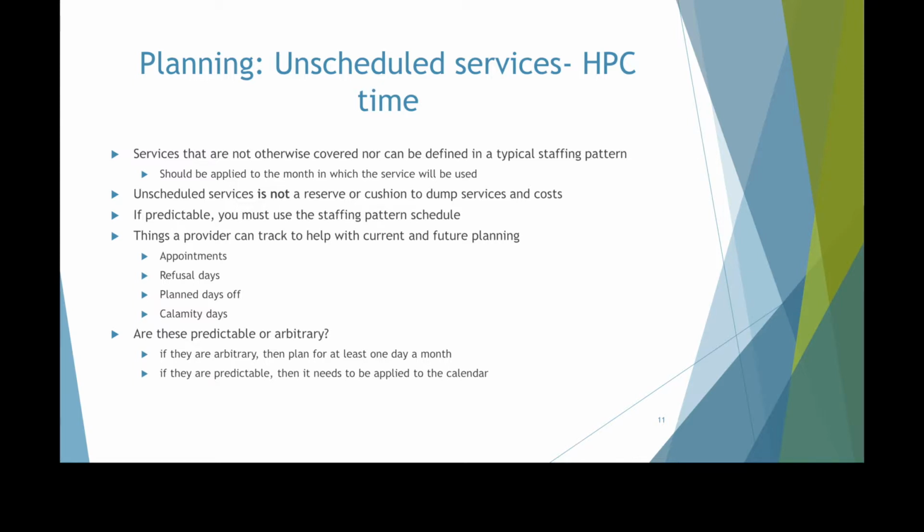So an example I use is you might have 6 appointments that you know when they're going to happen, and then you have about 6 appointments that you have no clue when they're going to happen. You put the 6 in the months that you believe they will occur.